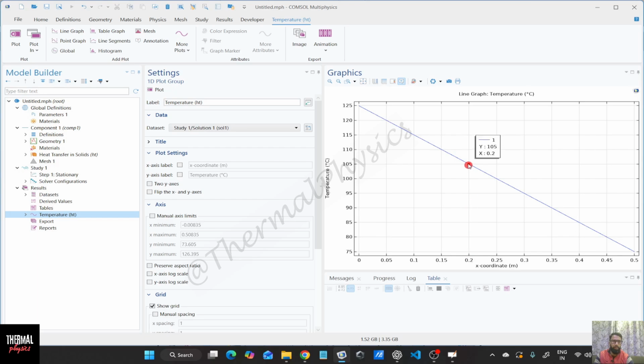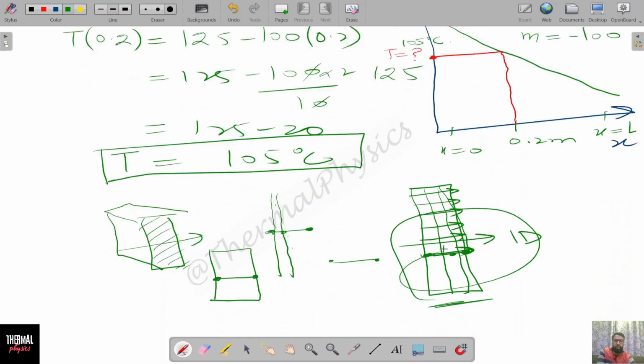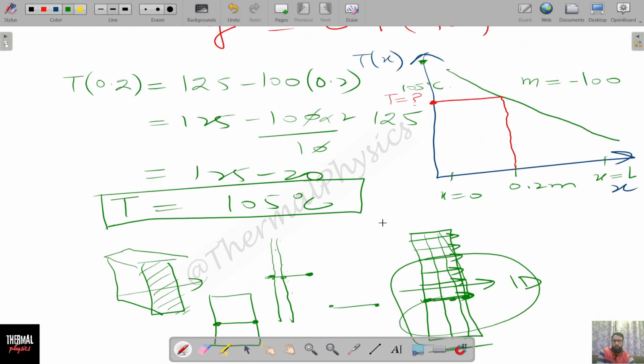We can go up, touch our graph at location 0.2. So exactly we can see a label showing here x is 0.2 and y value is 105, and units are degrees Celsius. So we have 105 degrees Celsius temperature at this location. So we can compare it with our solution, which is exactly 105.